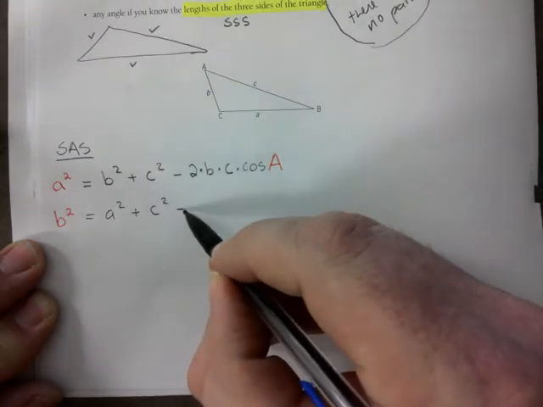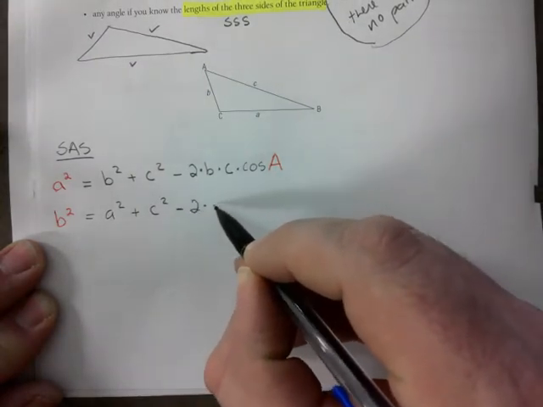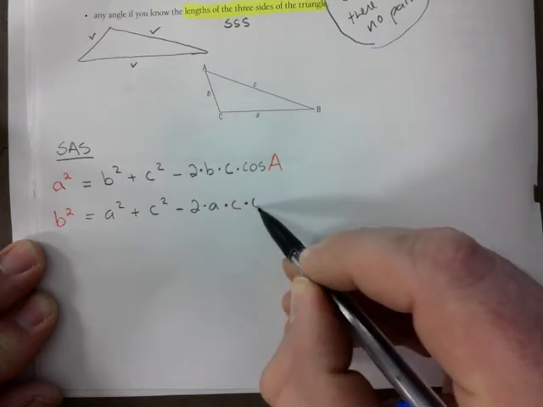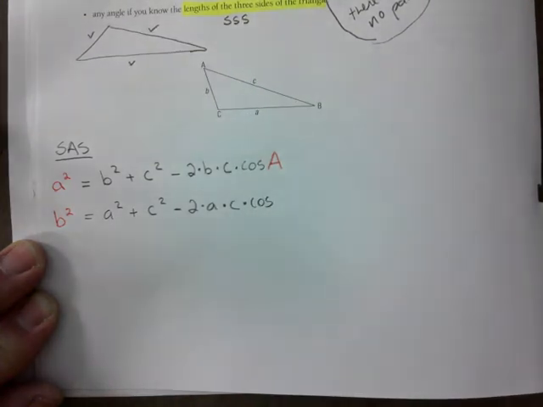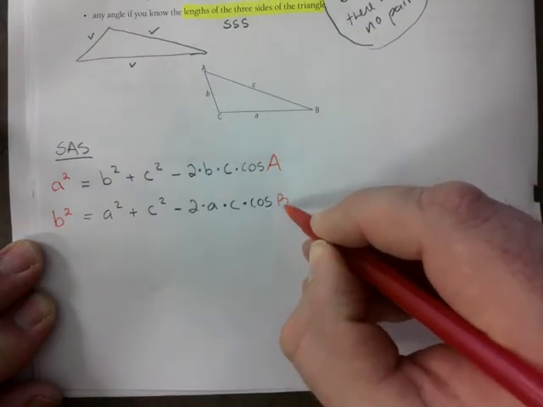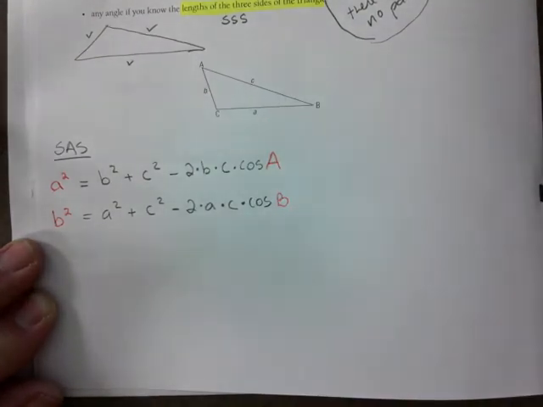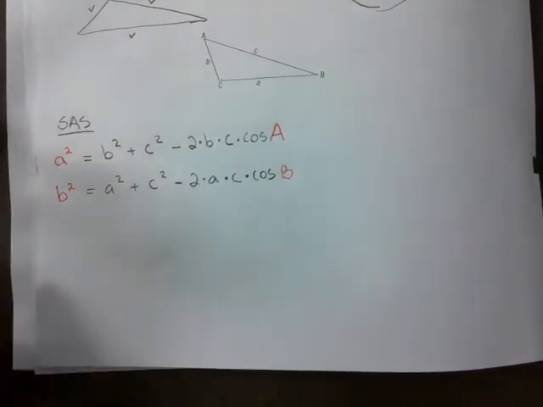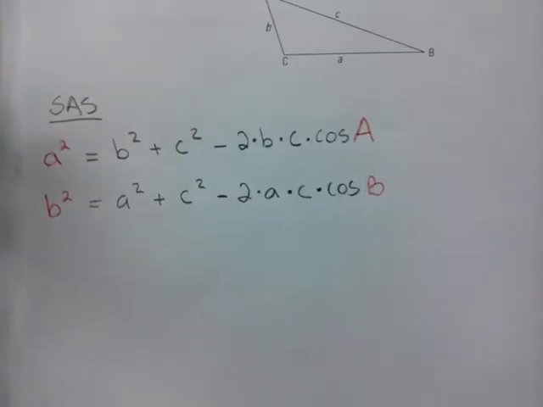Then you're going to go minus 2 times A times C times cosine, and here I switch color again, cosine of angle B. And the last variation, let me zoom into them a little bit. There you go.